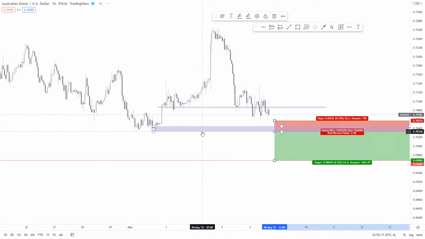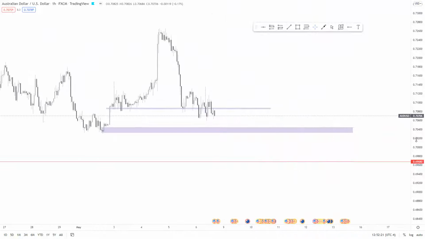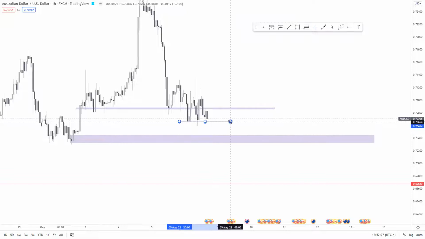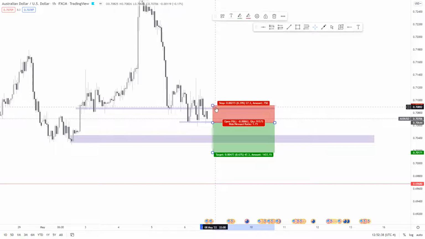So in the 1 hour, if I want to modify the scenario one more time, we can see this minor support here. We can enter more aggressively once we see the break below this support and close into a short position here, taking stop loss above this zone, which is around 27, 28 pips.